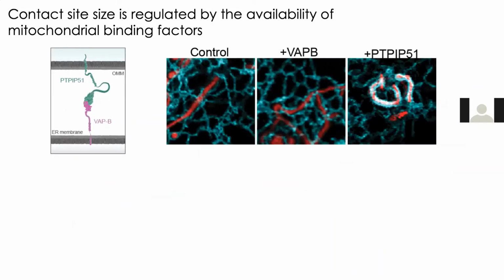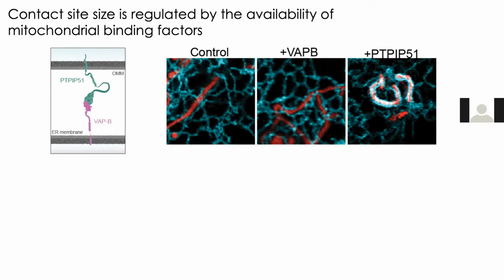And so the experiment we did is really simple. We simply took control cells where we overexpressed an abundance of the ER tether, in this case VAPB, or where we overexpressed an abundance of the binding factor in the mitochondria, PTP-IP51. And what you can hopefully appreciate here is that there is essentially no significant change to the structure of the ER, of the mitochondria, or their interface when we only overexpress the ER factor, suggesting that this interaction is indeed governed by mass action to some extent.